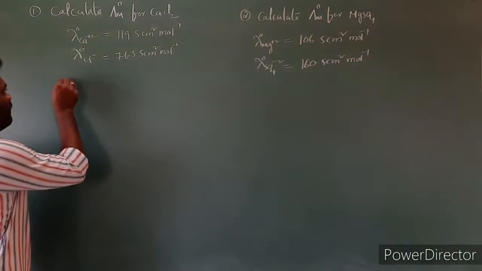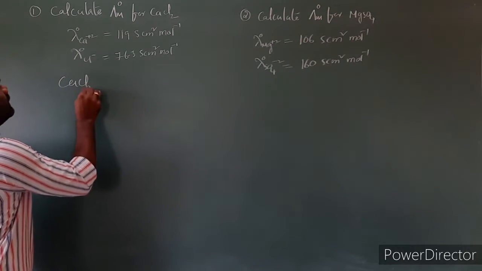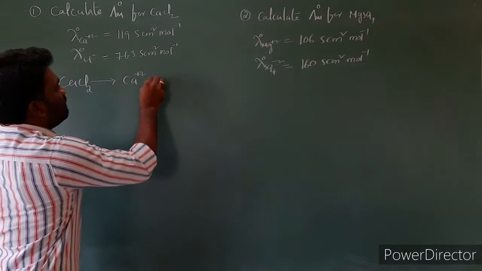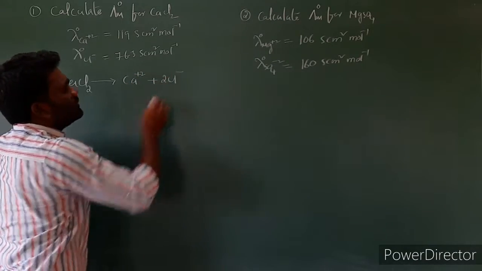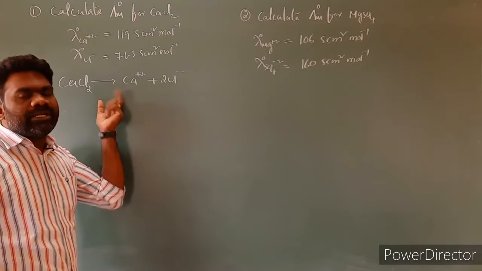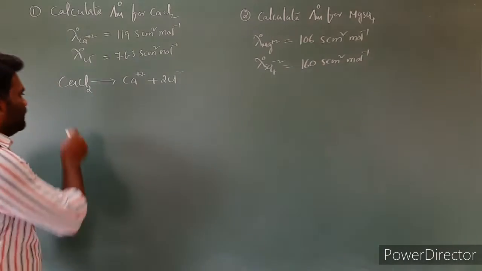For this case, first we have to write the dissociation of CaCl2. CaCl2 dissociates into Ca plus 2 plus 2Cl minus. For this equation, we have to write a representation of limiting molar conductivity.